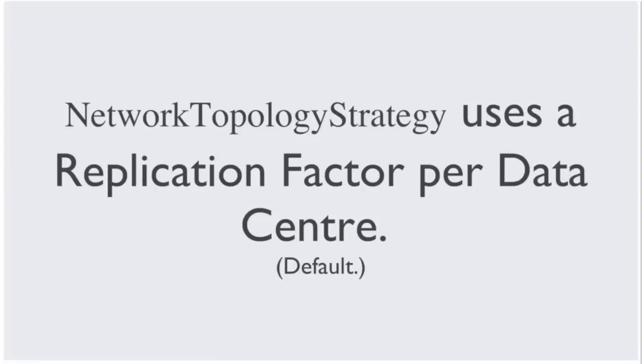Whenever there's a simple way of doing things, there's normally a more complicated way, and we call that the network topology strategy. And in Cassandra, that allows us to use a replication factor per data center. And a data center to Cassandra is not only a physical building, it is a collection of nodes inside your cluster.